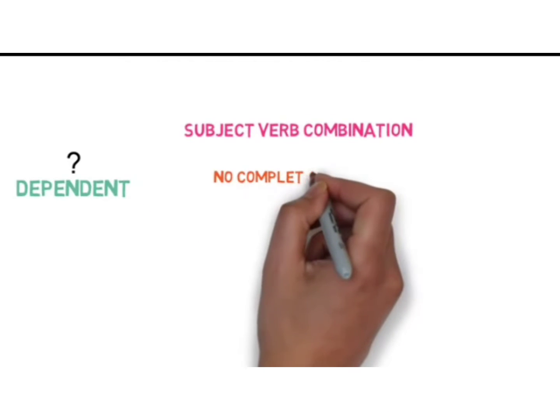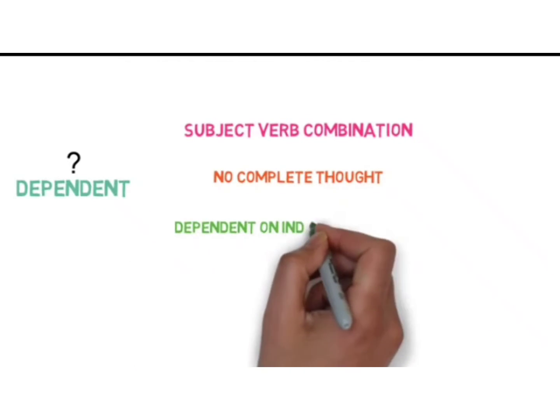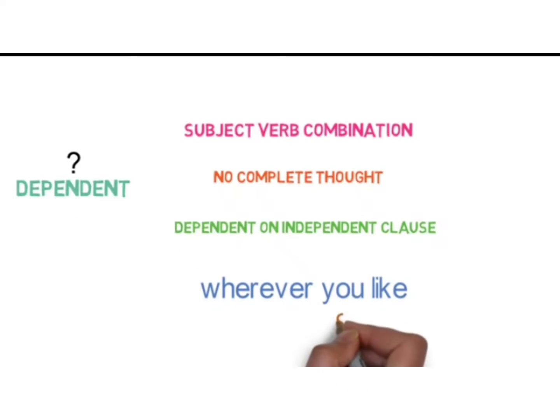Now, what is a dependent clause? It has a subject-verb combination, but it doesn't have a complete thought by itself. It is dependent on an independent clause for the complete meaning. For example, wherever you like. In this sentence, you is the subject and like is the verb.